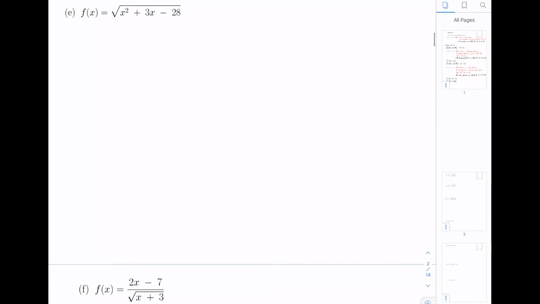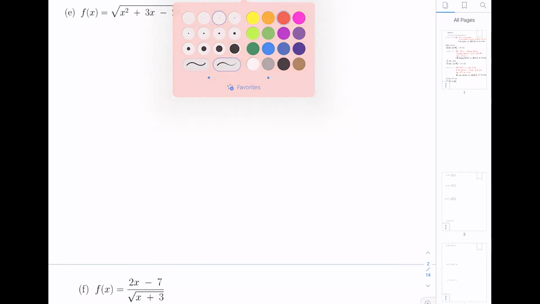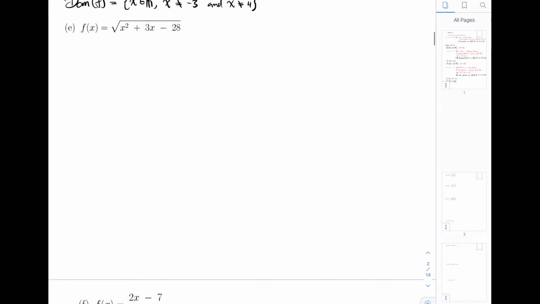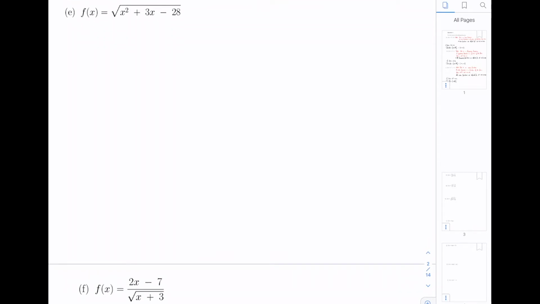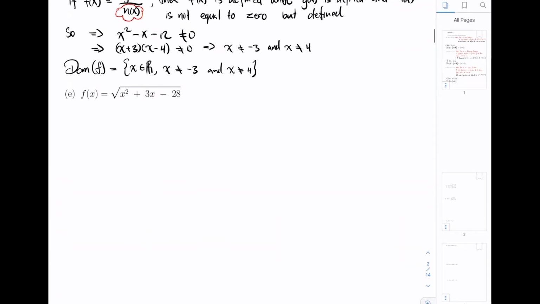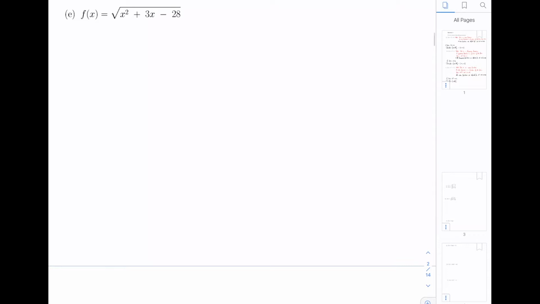So for this example, we need to note here that f of x is a radical function, otherwise called an irrational function.